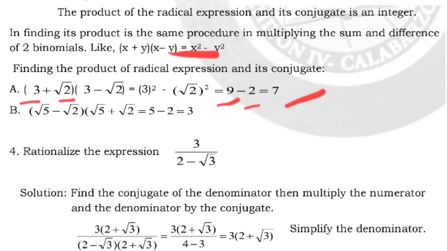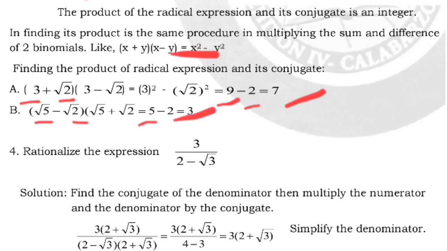Letter B, quantity of square root of 5 minus square root of 2 times the quantity of square root of 5 plus square root of 2. So we're going to have square root of 5 squared, that will be 5, minus square root of 2 squared is 2. So we're going to have 5 minus 2, and the answer here is 3.